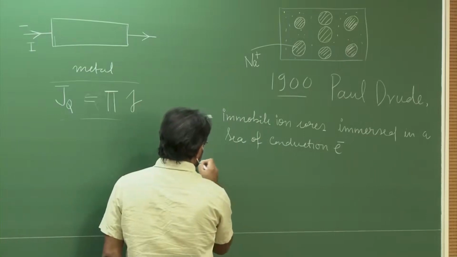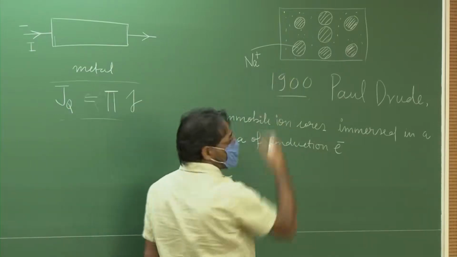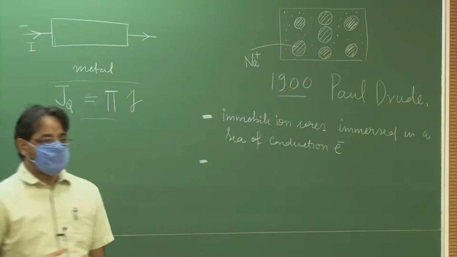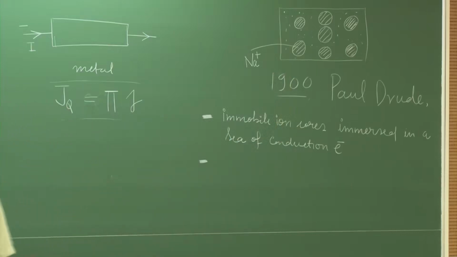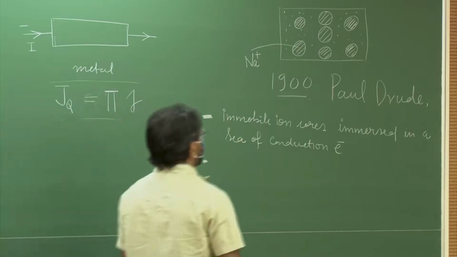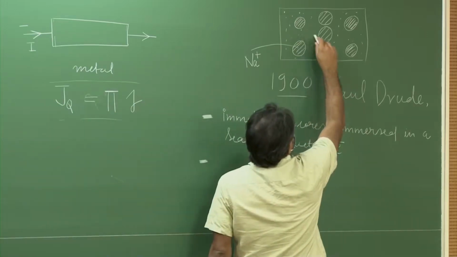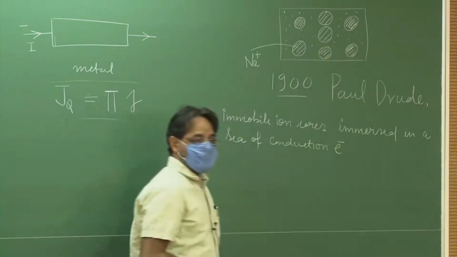The second point is, what do the electrons do? They are very tiny subatomic particles. At room temperature, they will have a lot of thermal energy, and because of that, they move. And when they move, they collide on these ionic cores. They get scattered by these ionic cores.